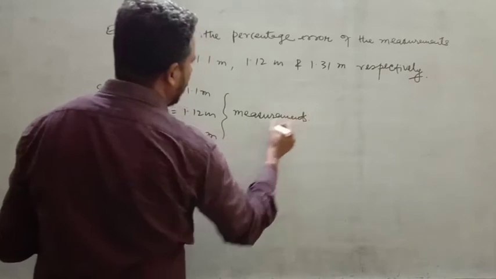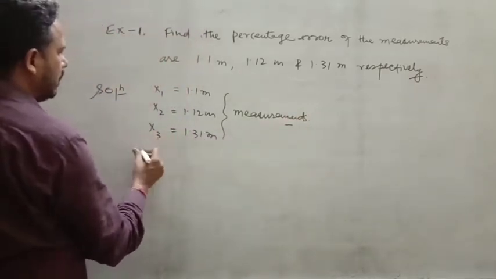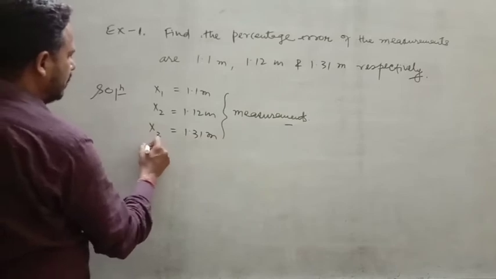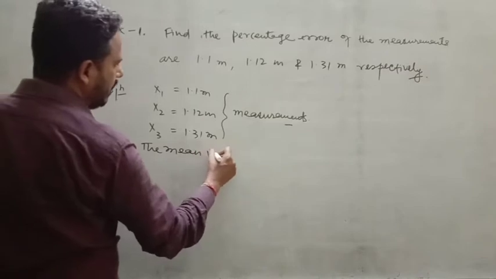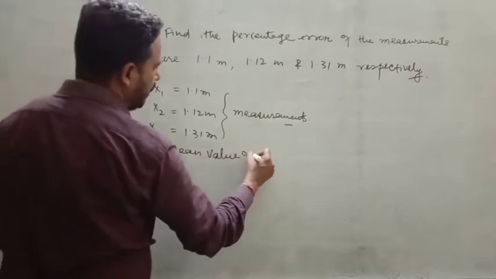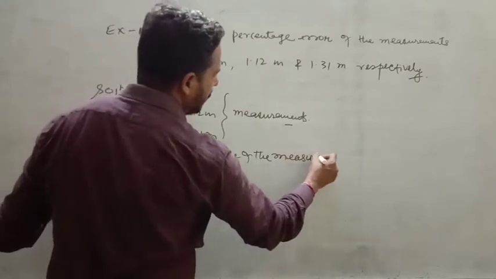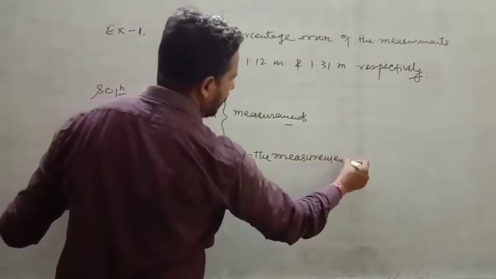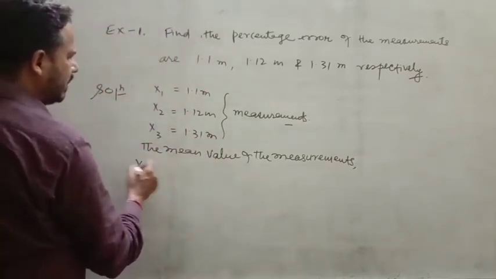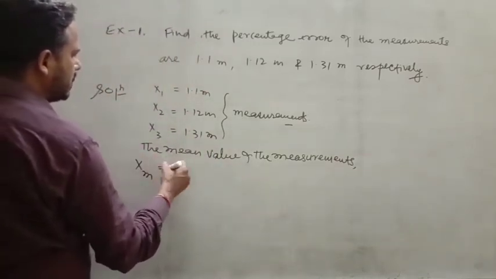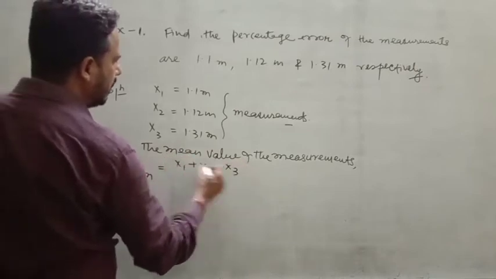Now from here, first find the mean value of the measurements. Your mean value is xm or x mean, which is x1 plus x2 plus x3 divided by 3, because you have 3 measurements only.